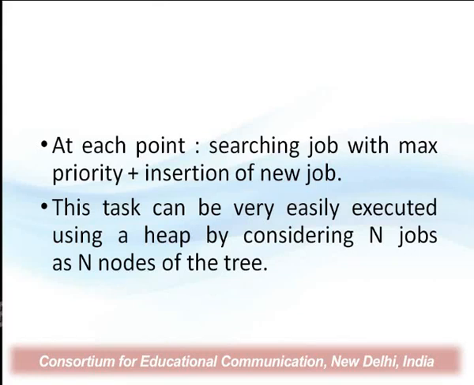In today's lecture we will be looking at heap from the point of view of a data structure. Please be careful that I am not talking about heap from the memory point of view. I am talking about heap as a data structure. So this scenario of a priority queue of jobs can be easily executed by using a heap, by considering n jobs as n nodes of the heap tree.